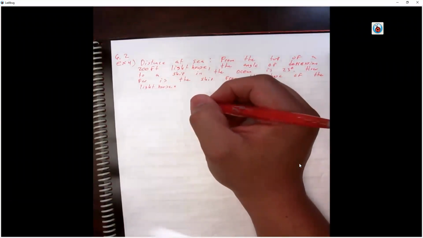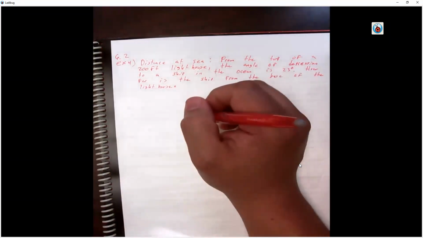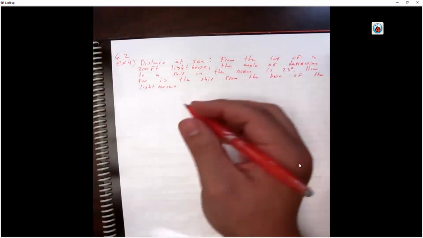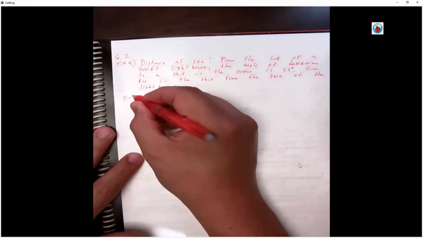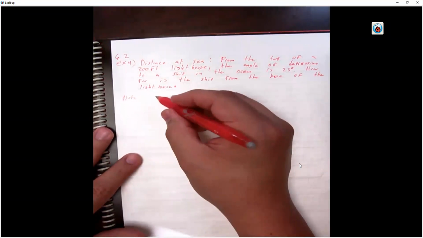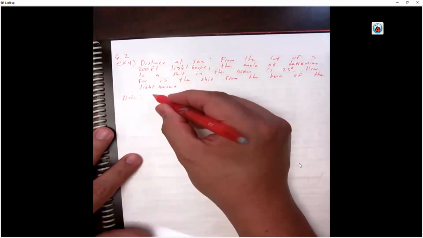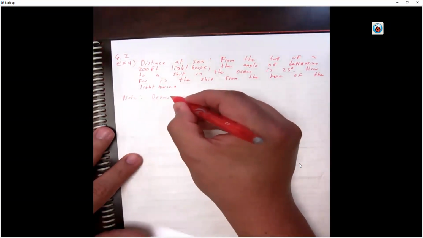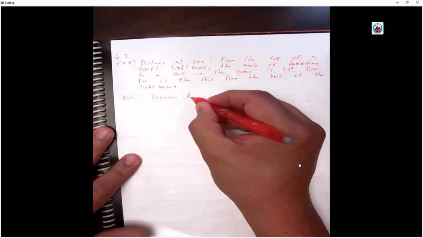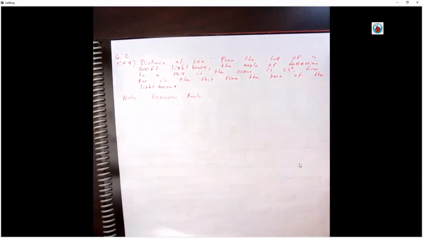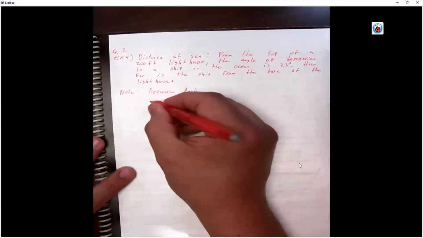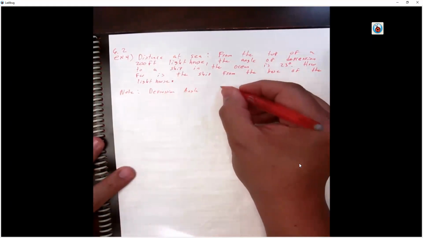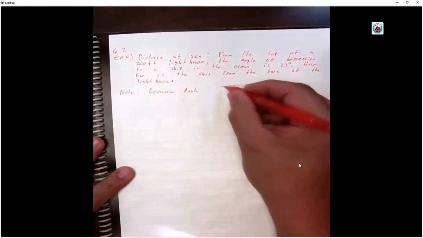Okay, so I don't remember if I mentioned the difference between elevation and depression. So quick note, visually, right? Depression angle, not emotional state. Depression angle is going to be more like, so if I'm looking straight across, right?